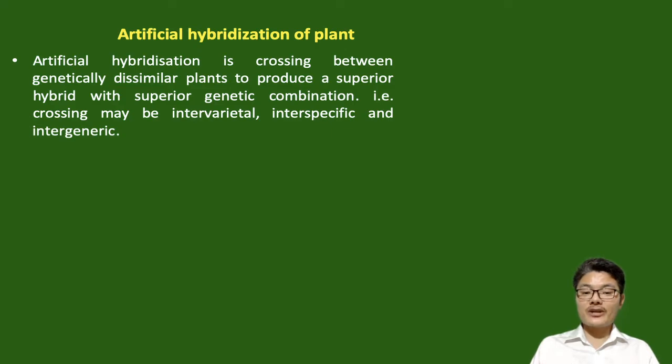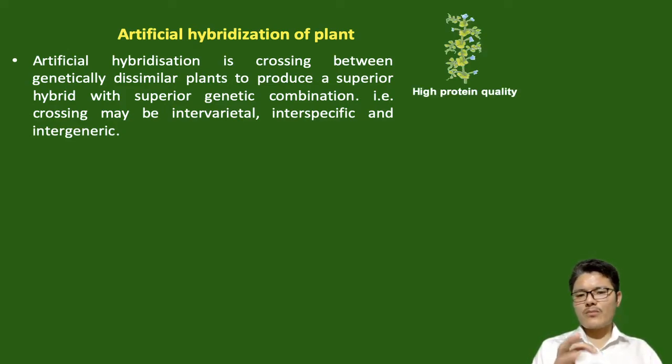It can be done between two different varieties, which is called intervarietal hybridization. Interspecific hybridization is done between two different species, and intergeneric hybridization is carried out between two different genera of plant.